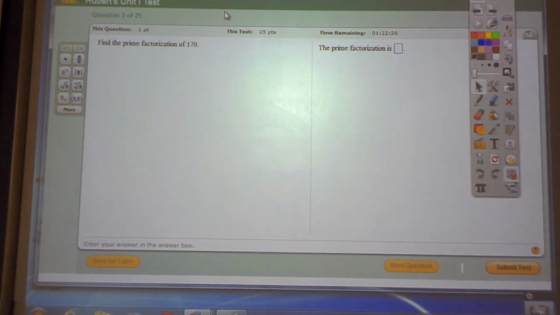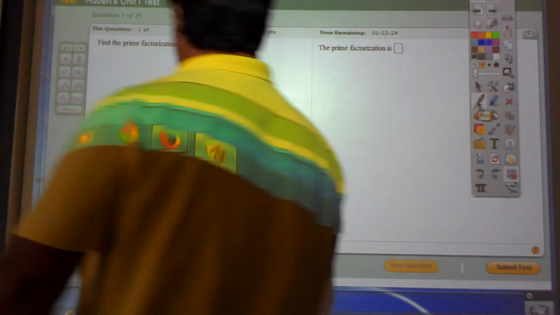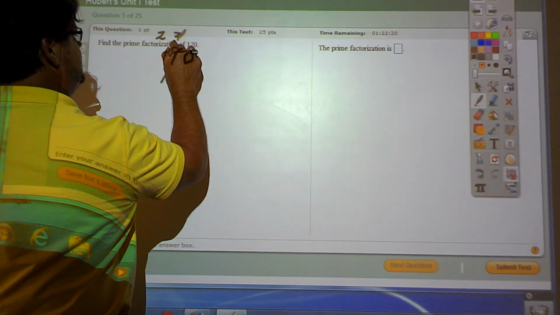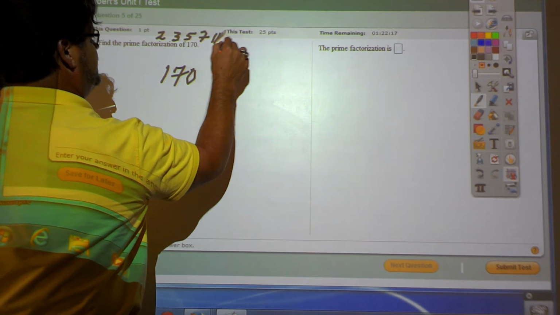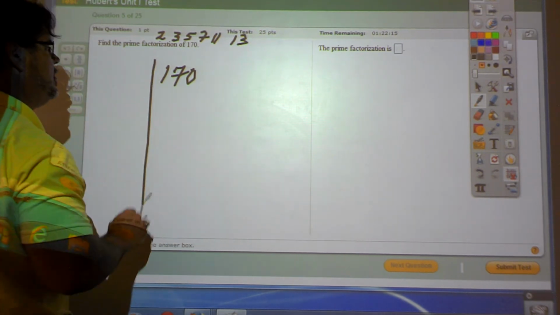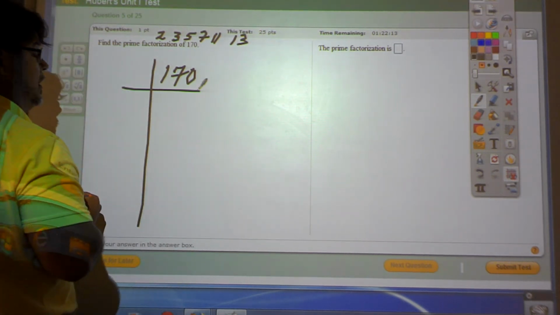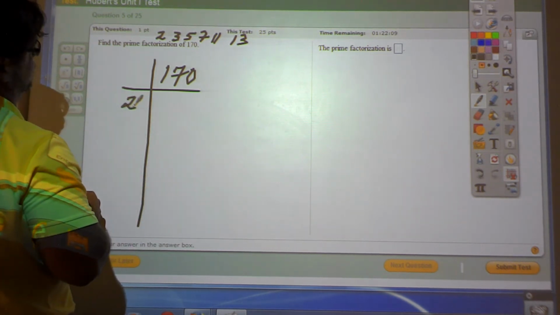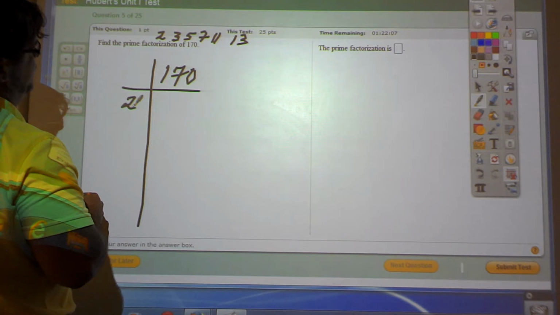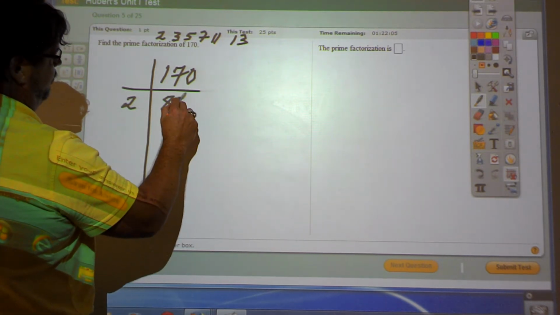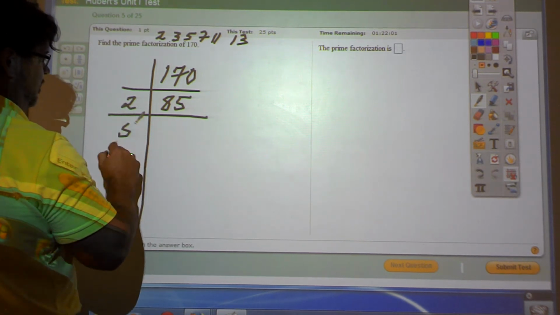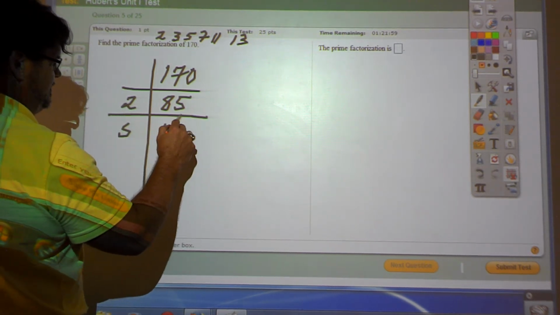170. The primes are 2, 3, 5, 7, 11, and sometimes 13. 2 goes into 170 how many times? 85 times. 5 will go into 85 17 times.